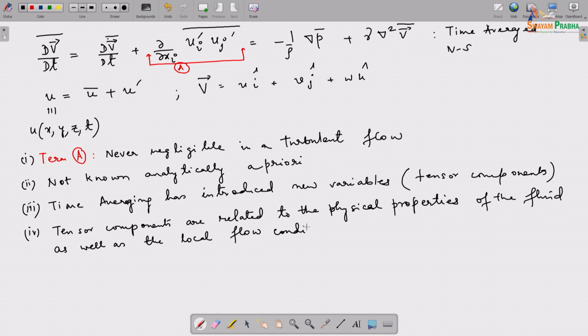So it's important to note that the product of components of the fluctuating velocities is due to the nonlinearity of the convective term.